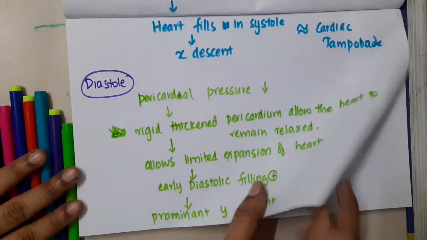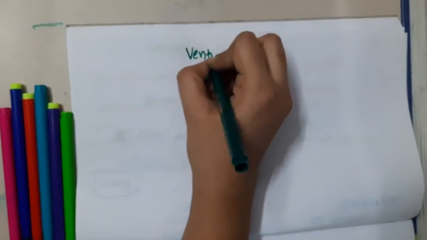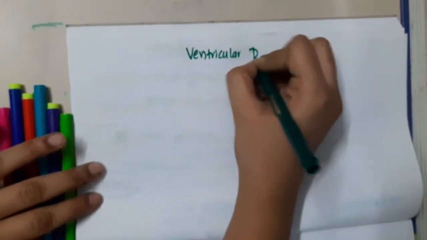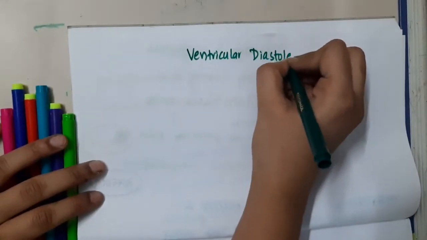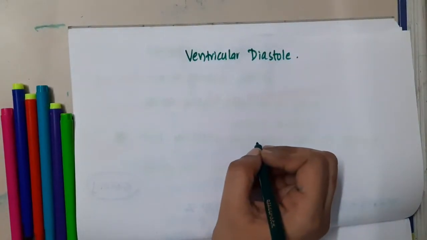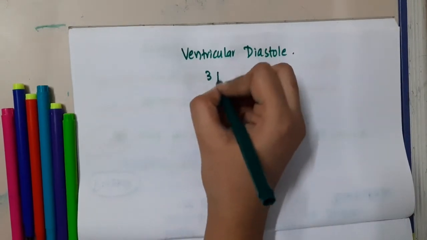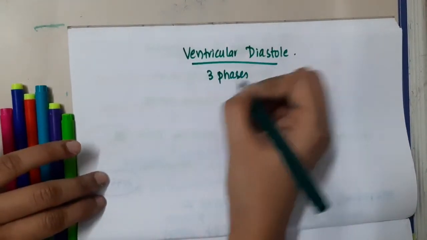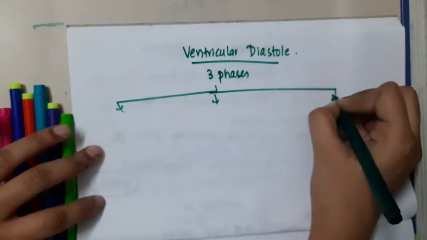In constrictive pericarditis, if we learn about ventricular diastole, it is divided into 3 phases. First phase, second phase and third phase.